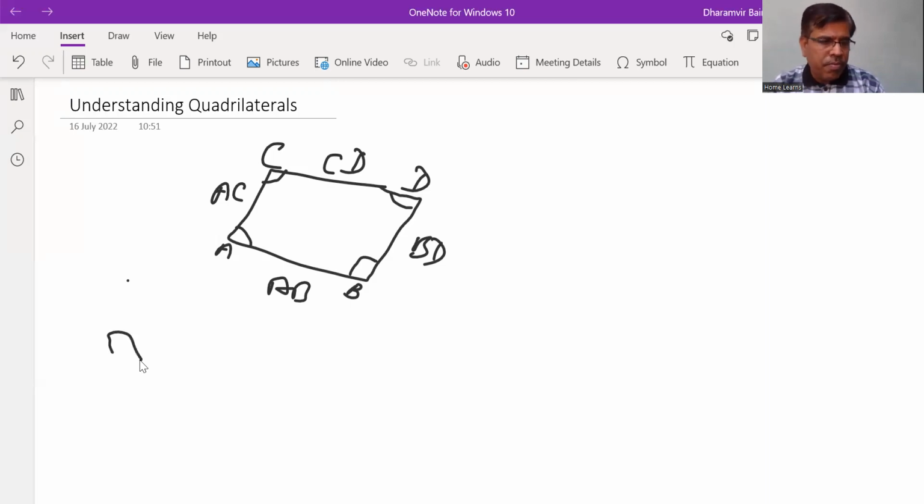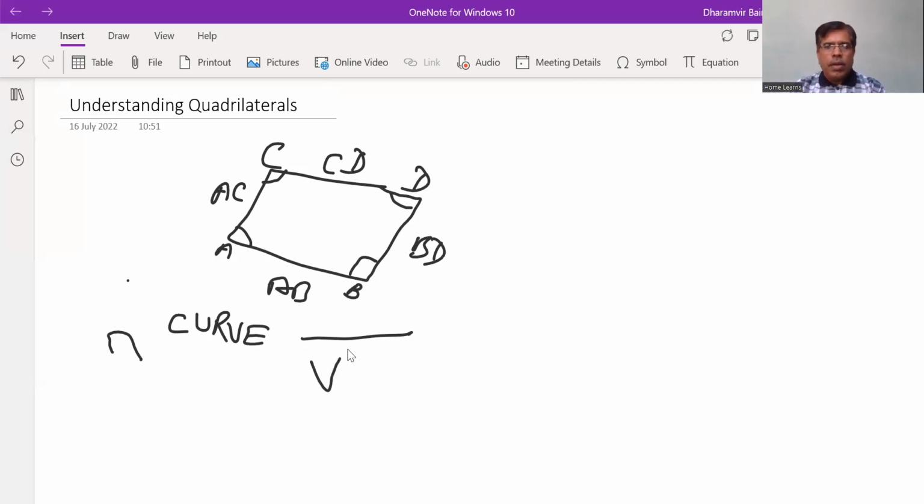What is a curve? Any line is a curve. A line can be straight, it can be bent.